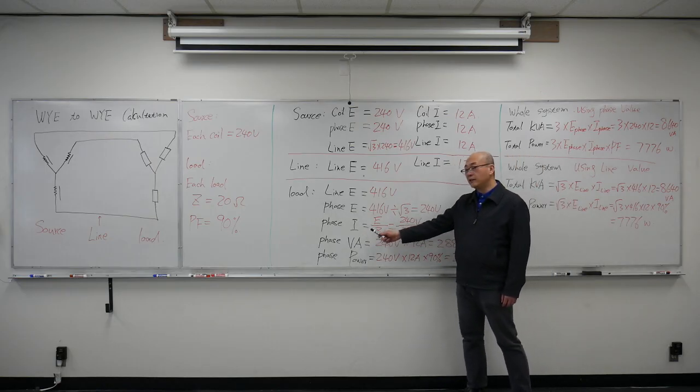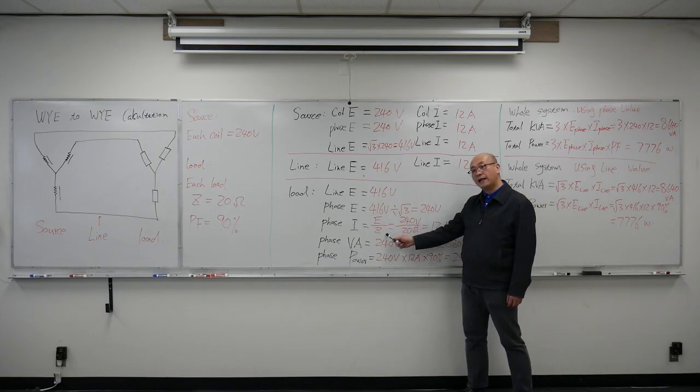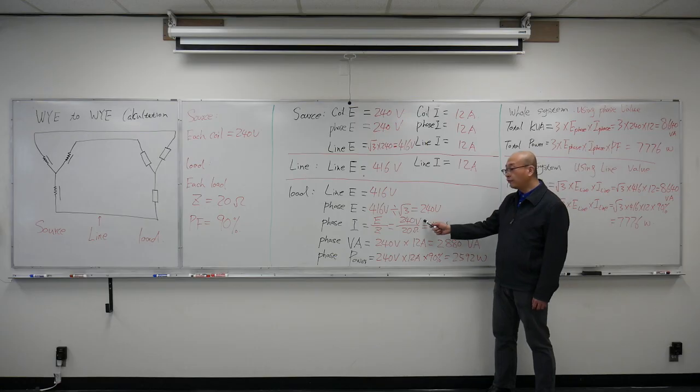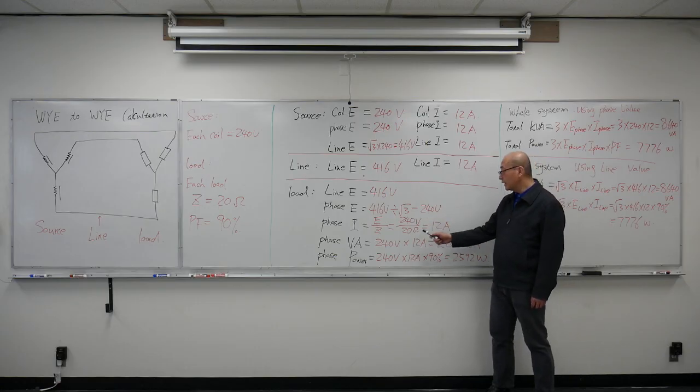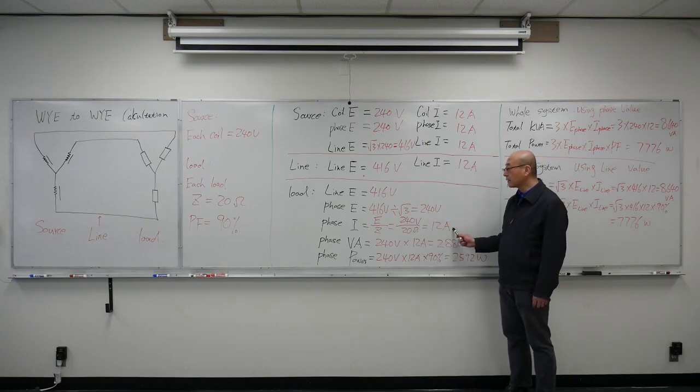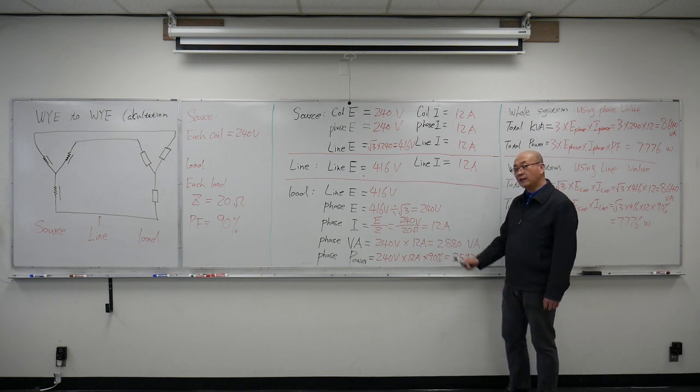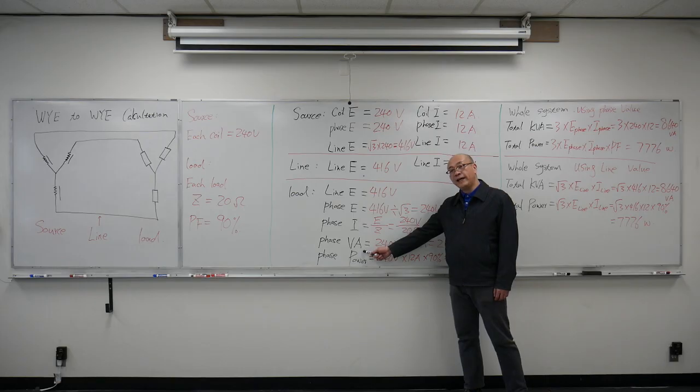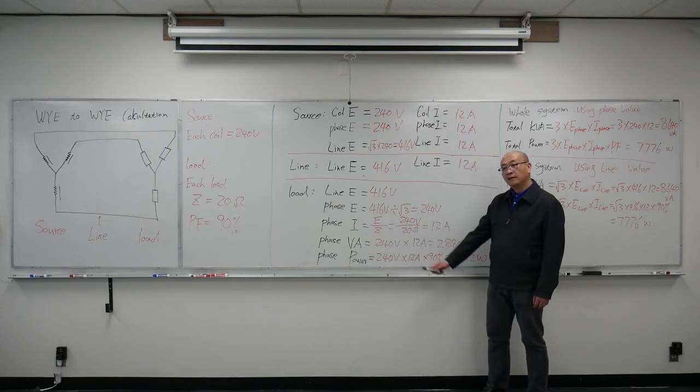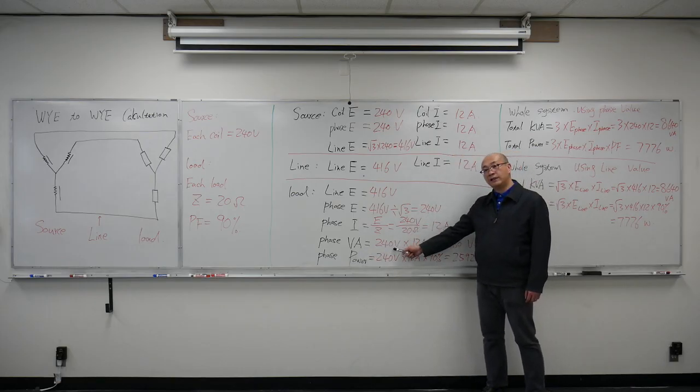Now I can calculate my phase current. The phase current equals phase voltage divided by impedance in that phase. 240 volts divided by 20 ohms gives me 12 amps. That's my phase current. From this phase current, I can calculate the VA in each phase. You still remember the formula for calculating VA?